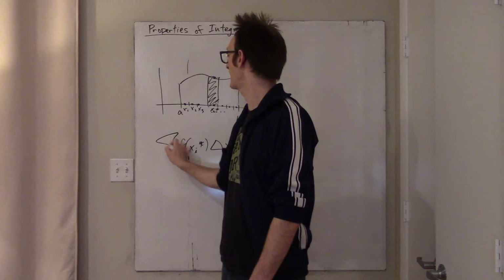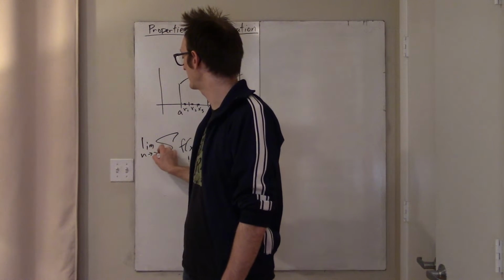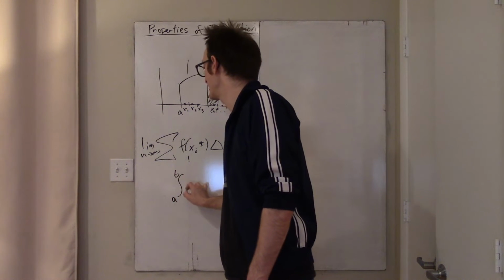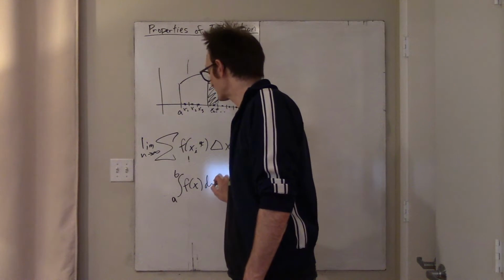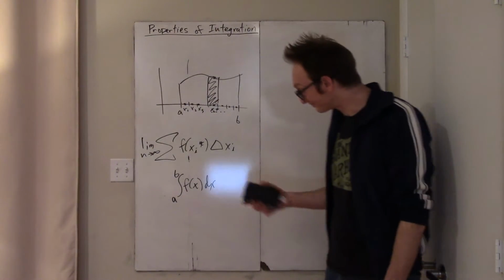And if you add these all up, you get this thing called a Riemann sum. And if you take the limit as n goes to infinity, then we call this the integral from a to b of the function. Okay, this was all just last video. Maybe we didn't need this review, maybe we did.